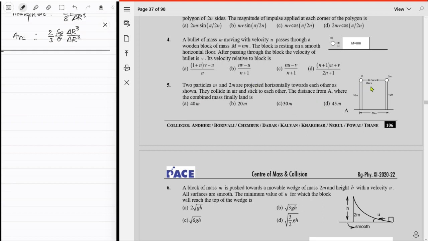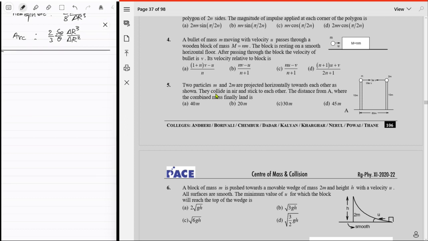They collide in air and stick to each other. Measured from A, where does the combined mass finally land? The velocity is given, I think. This is 5 meters per second and this is 10 meters per second. They didn't put it on the arrow, whatever. So one moves with 5 meters per second and the other with 10 meters per second. They collide in air and stick together.